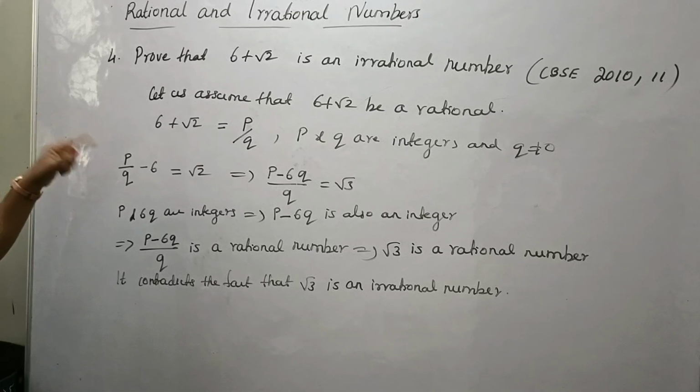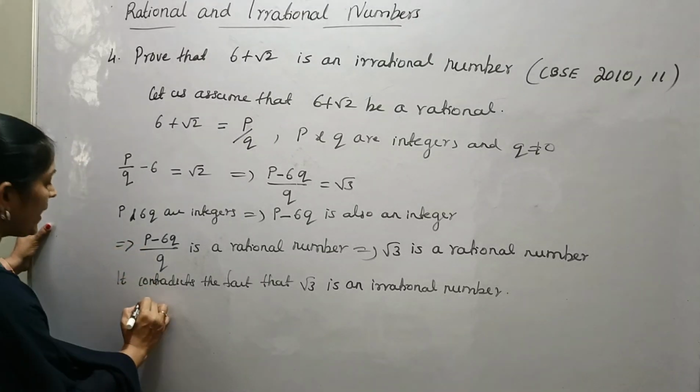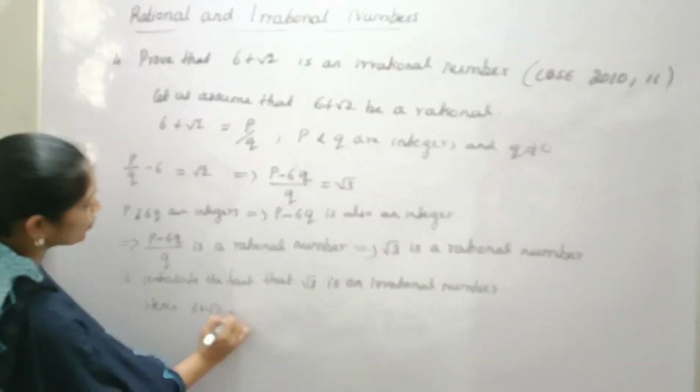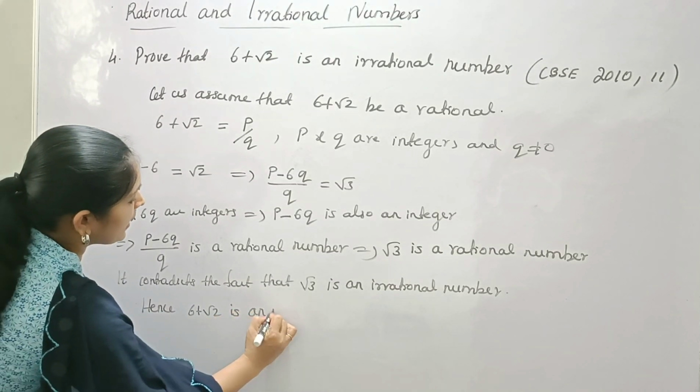Therefore, our assumption is wrong. Hence, 6 plus root 2 is an irrational number.